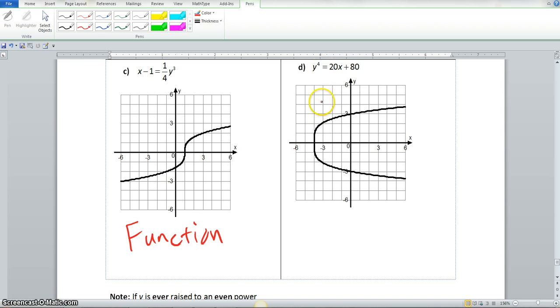Now, for d, with y to the fourth equals 20x plus 80, you notice if we draw a vertical line, it will hit at 2 points. So this is not a function.